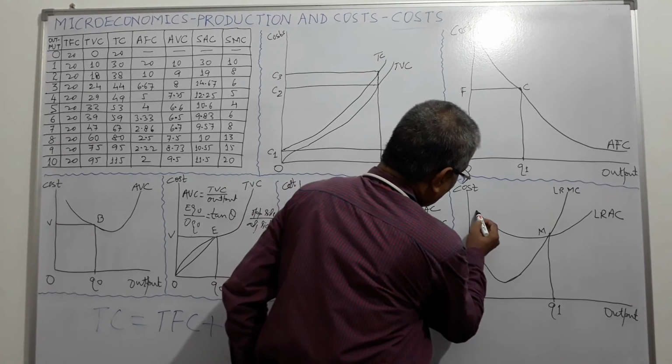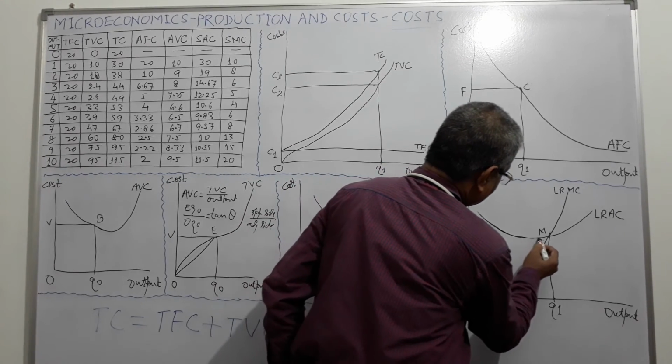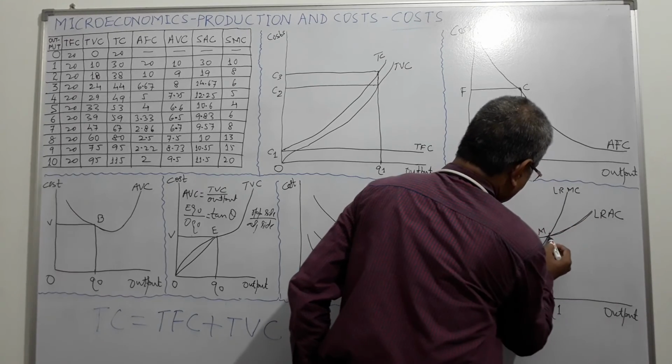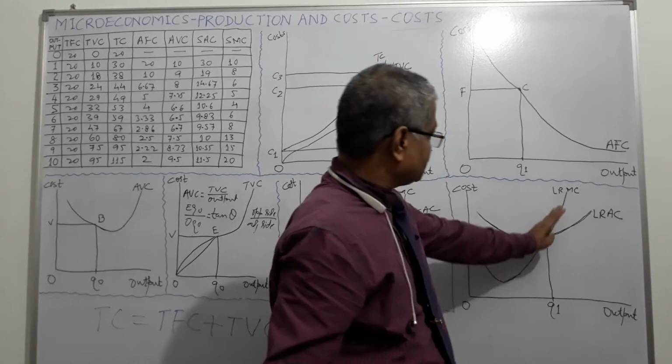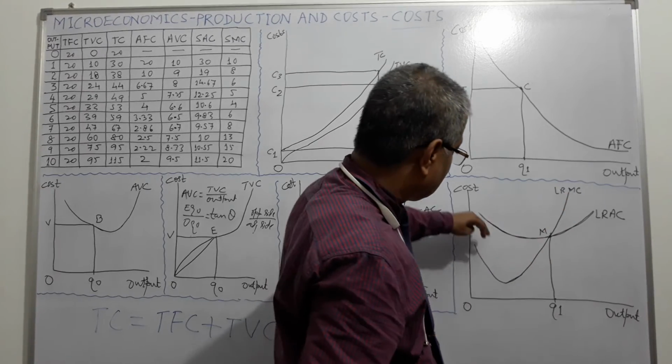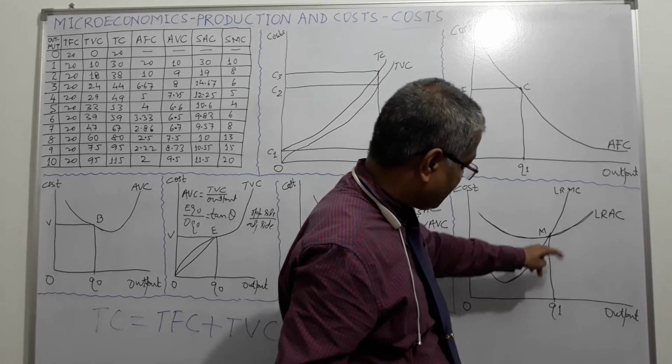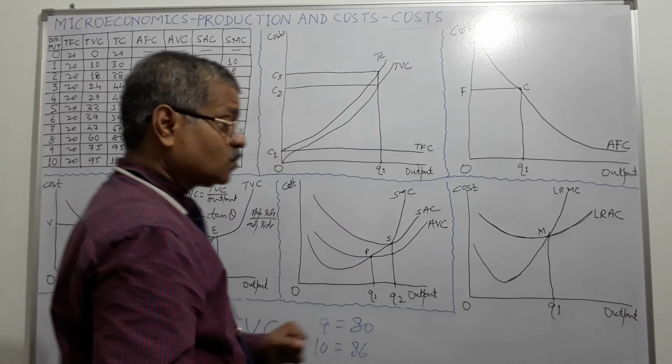What is the lowest point of LRAC? M is the lowest point of LRAC. So LRMC cuts the LRAC curve at its lowest point M from below, right?